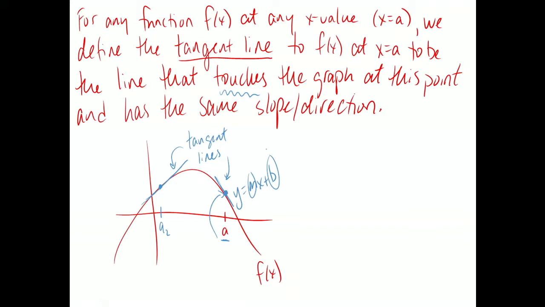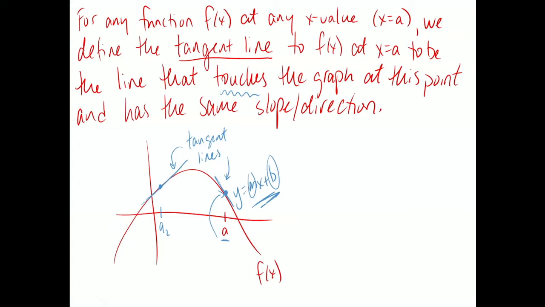It doesn't actually have to be the y-intercept. As long as I know a point that's on the line and the slope of the line, that's going to be good enough. So for these tangent lines, let's focus on the first one for a minute. If I knew a specific point, an a comma b or an x comma y, and I knew the slope of this little tangent line that I drew in there, I could figure out precisely the equation.